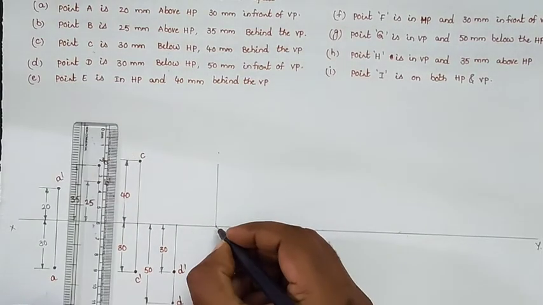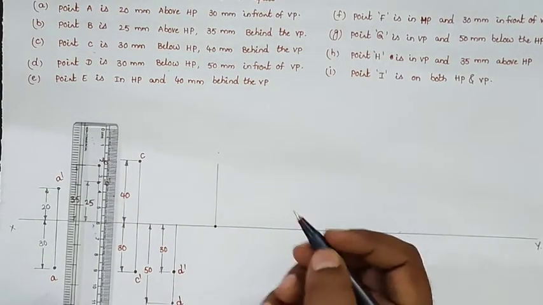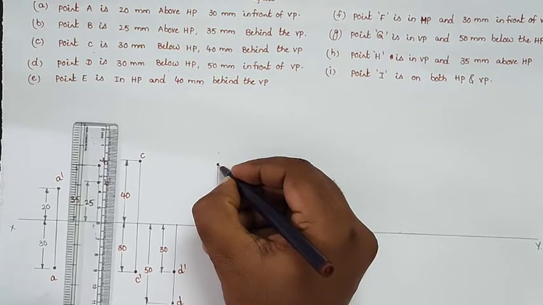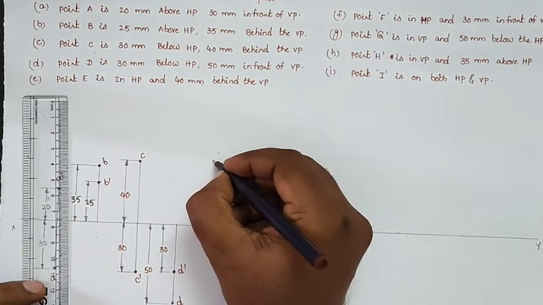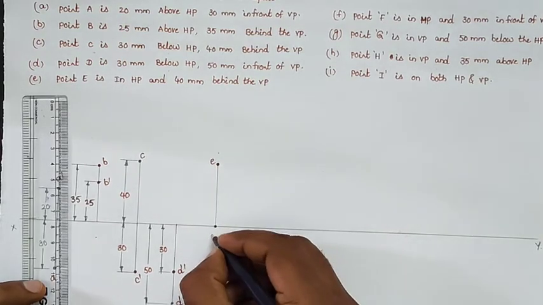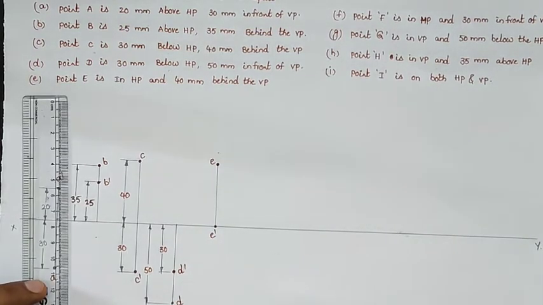So in HP, on the reference line we will get one projection, and 40 mm behind, so behind means we will get the top view of point E. And the front view we will obtain on the reference line in this condition.